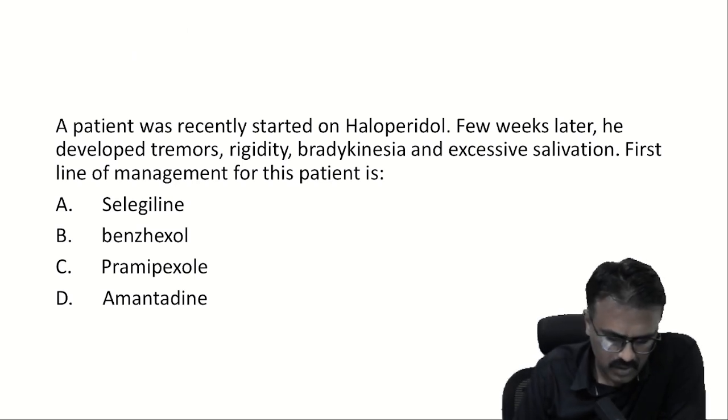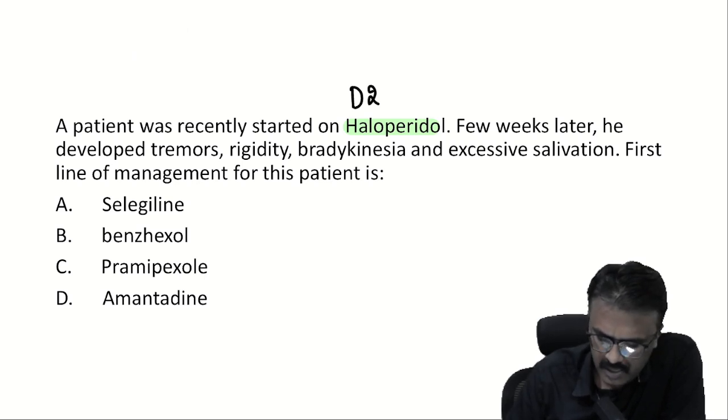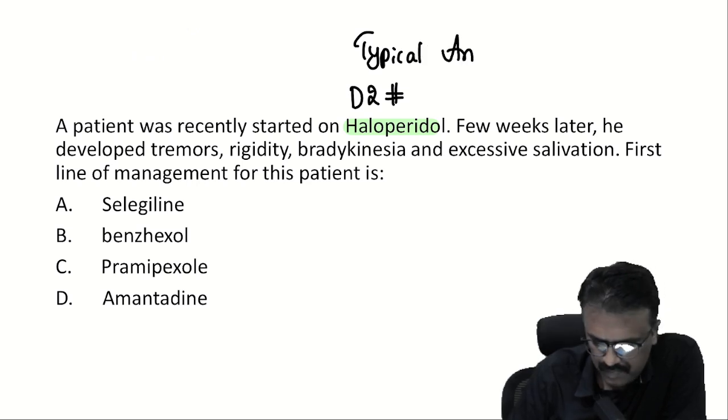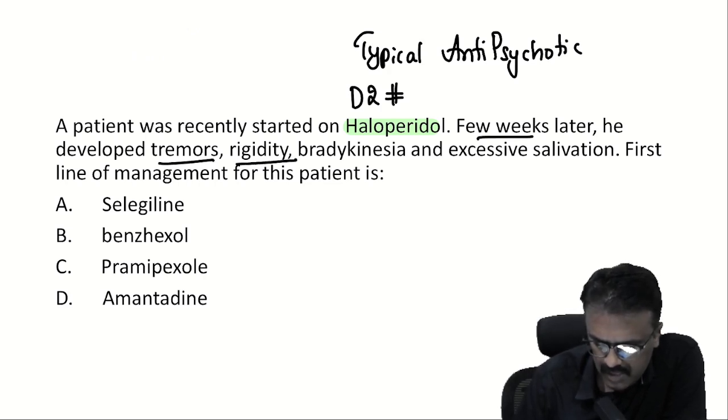A patient was recently started on haloperidol. This is again tested. Haloperidol is a D2 blocker, meaning it's a typical antipsychotic. A few weeks later, the patient developed tremors, rigidity, bradykinesia and excessive salivation.